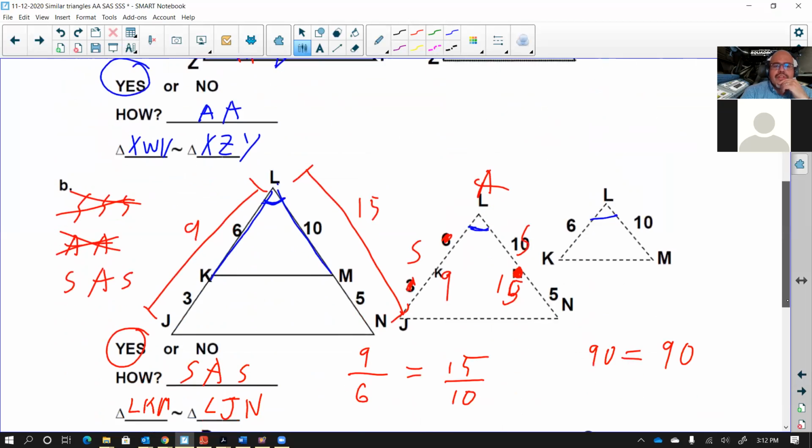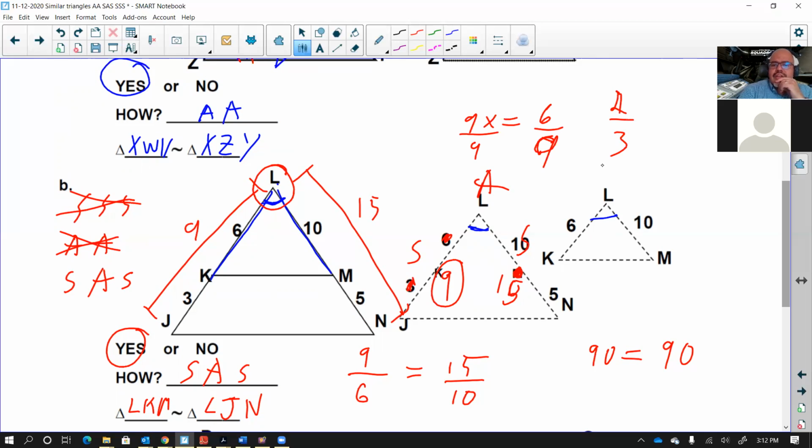Now in the second part, they both share this angle L, and we found out that the sides are proportional, meaning if you take 9 times some number to get 6, you get a ratio of 2/3, sorry, not 1/3.